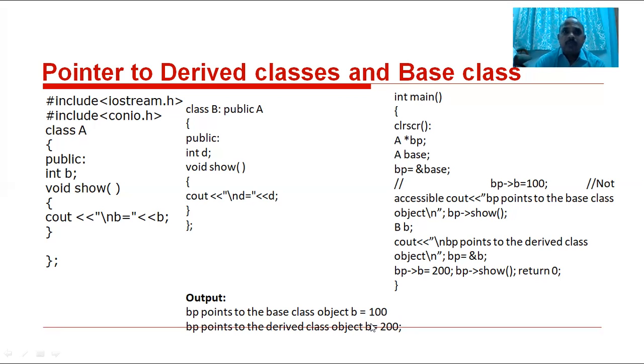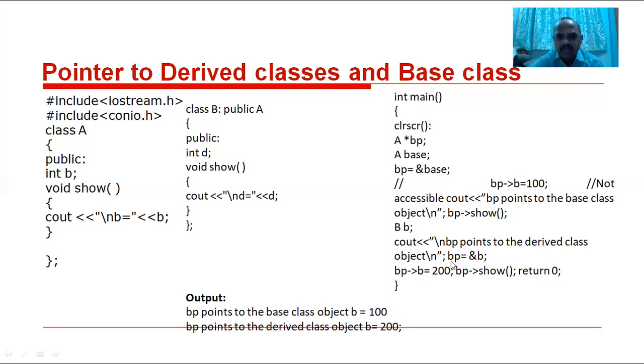Clear? So in pointer to derived classes, it is also possible to declare a pointer that points to the base class as well as the derived class. Here the pointer variable is created for a base class as well as a derived class.